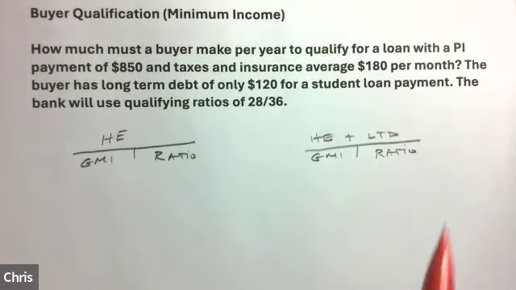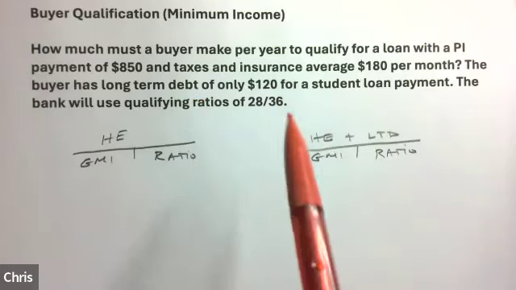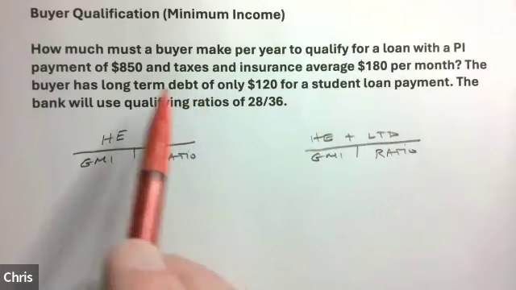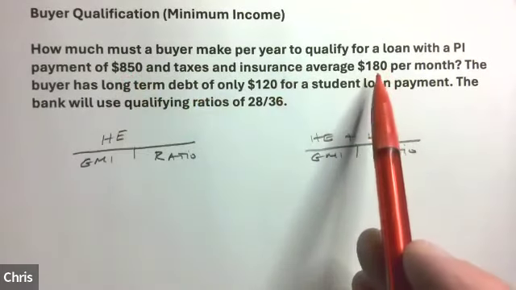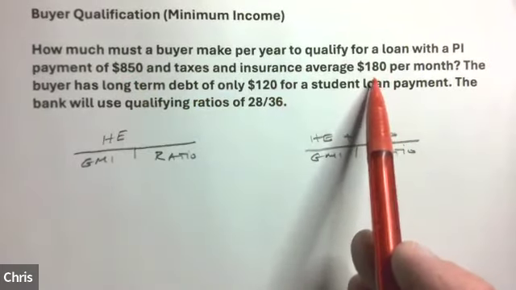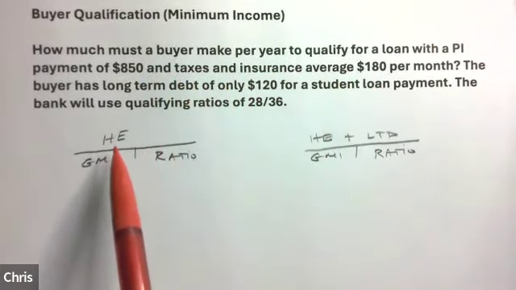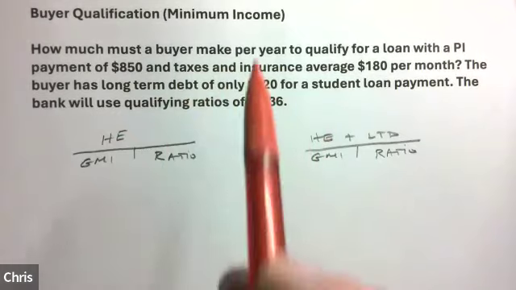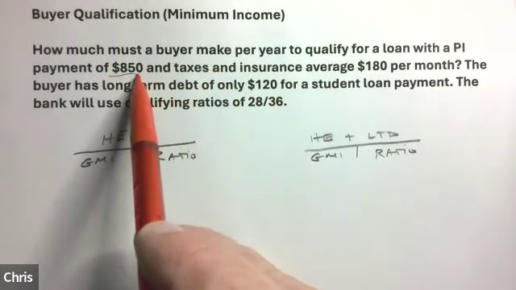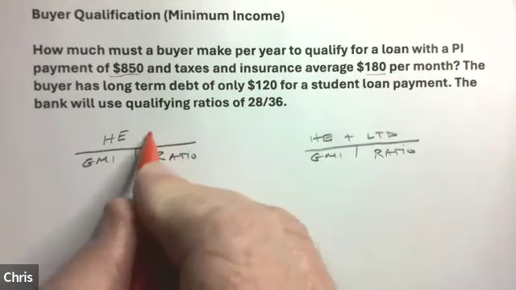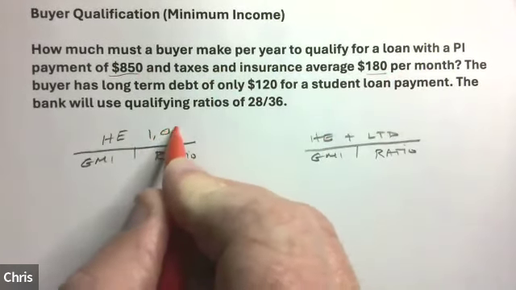Now, I want you to notice on this first one, though, there is a strange trick. The formula asks for housing expense. Notice that we're giving you the PI and the TI payment separately. In this case, we're going to need to add them together because we have to give the formula what it wants before we're going to be able to solve it. So we're going to add the 850 PI to the 180 of the TI, and the housing expense is going to be $1,030.